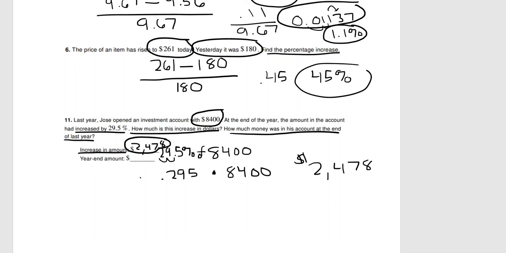Okay, and then the year-end amount, to find this, we would take our starting amount, which is $8,400, and we would add our increase, and then that gives us our year-end amount, which is $10,878.